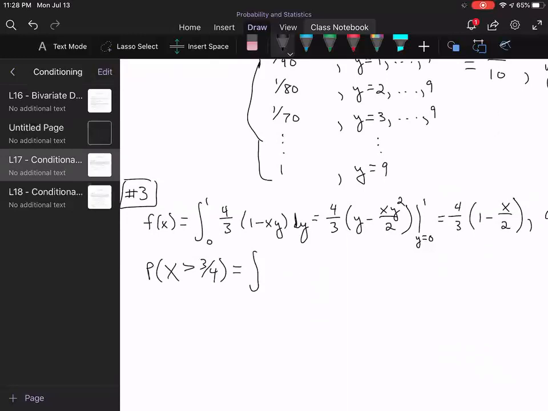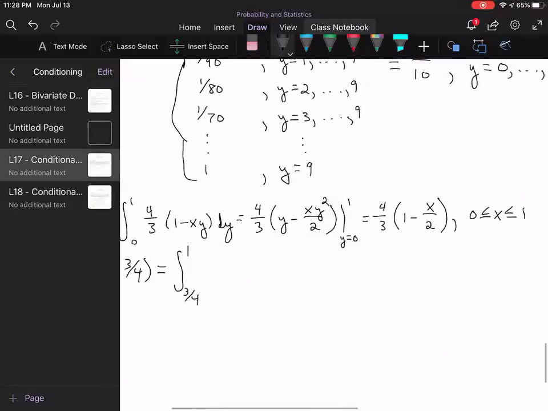So this is going to be the integral from 3/4 up to 1, because again, that's the support of x. And since this is a probability with respect to the random variable x, we could use the marginal distribution of x, which we just found. And that is 4/3 (1 minus x over 2) dx.